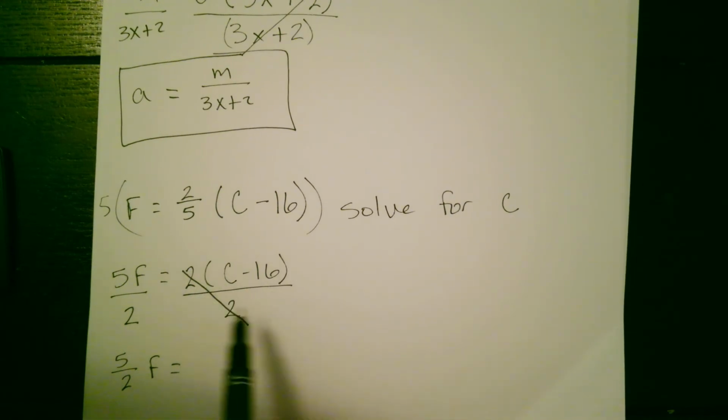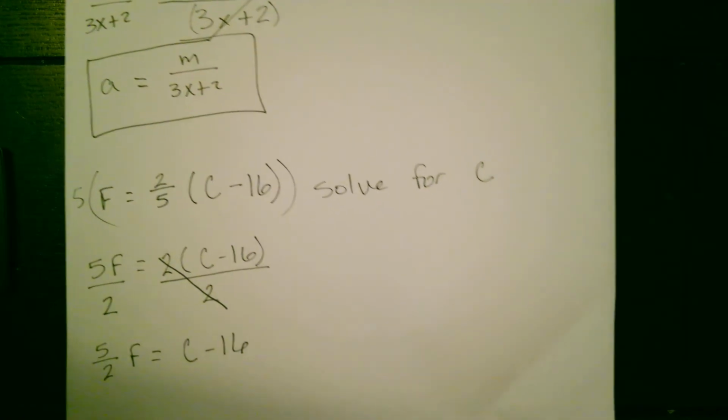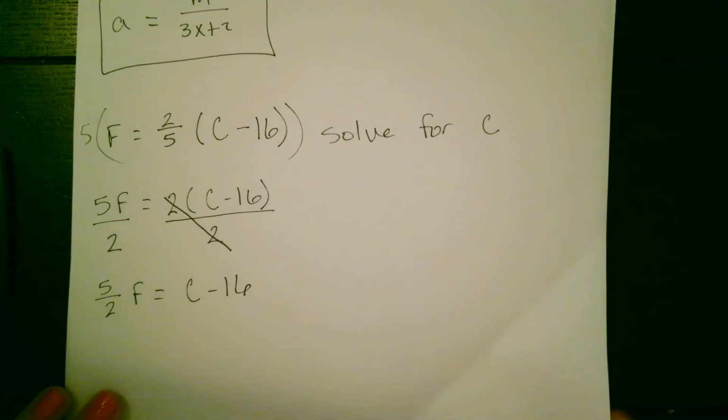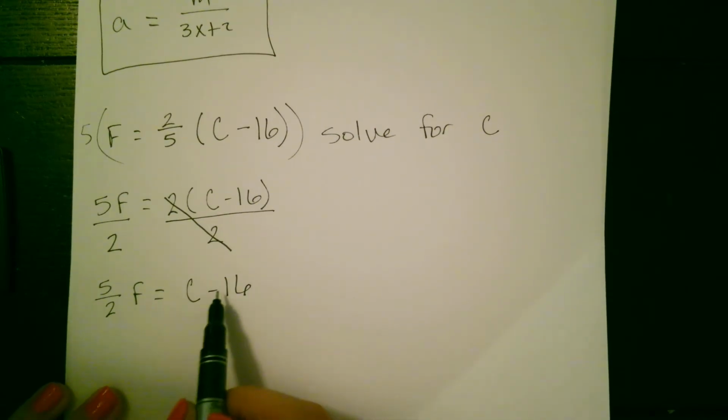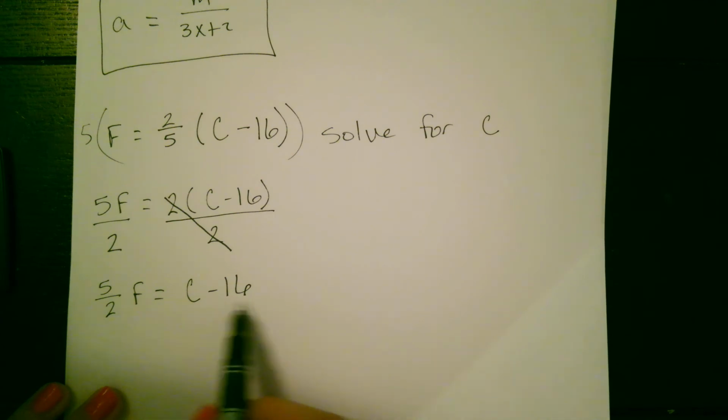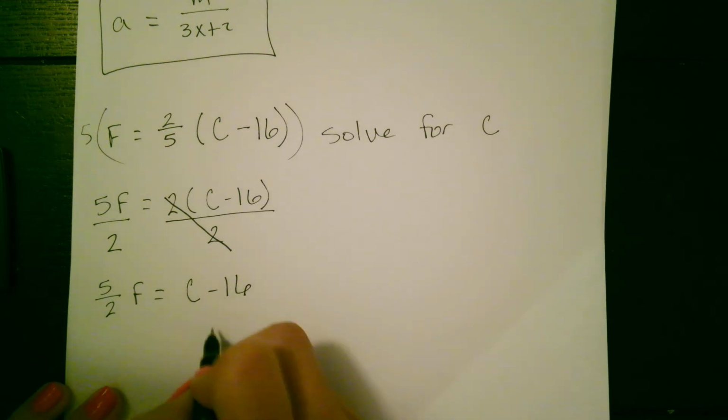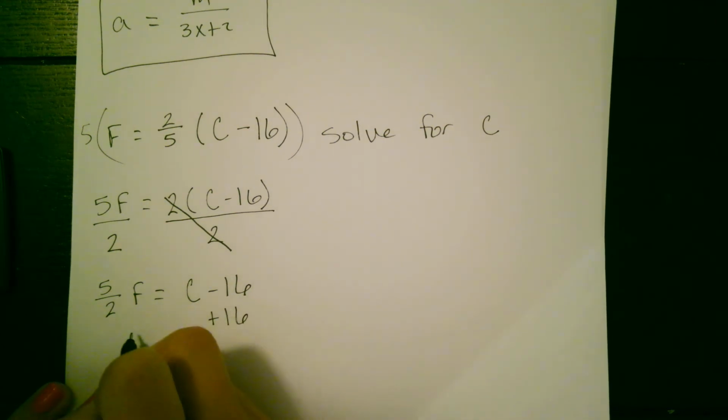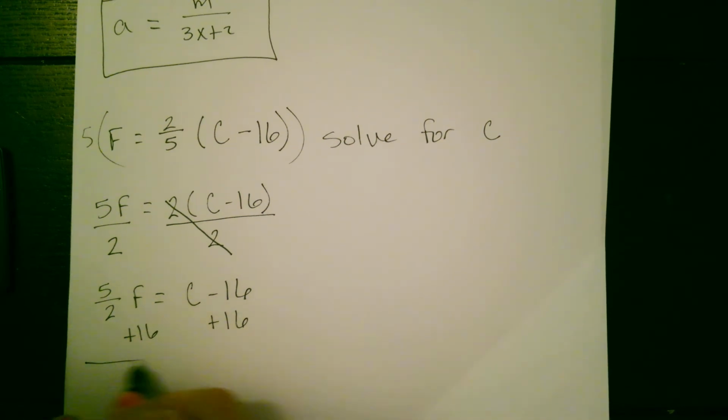There's nothing on the outside of these parentheses anymore, so I can drop the parentheses, and I just have c minus 16. My task was to get c all by itself, so the only thing left to do, I have the c minus 16, so in order to cancel out that 16, I will add 16 to both sides.